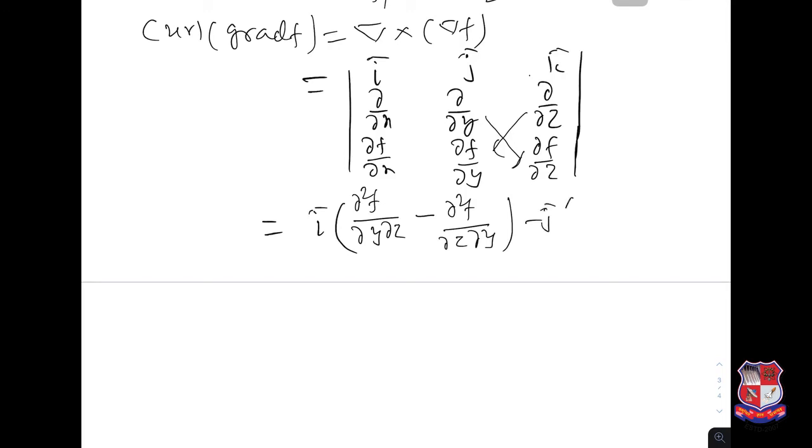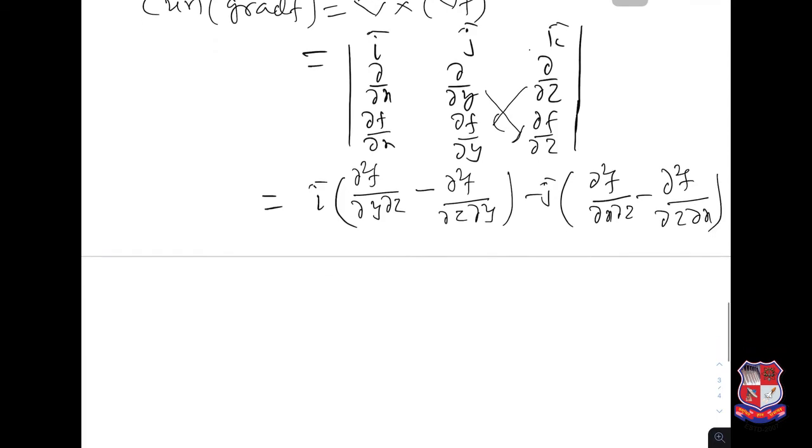Then minus j, del square f by del x del z minus del by del z of del f by del x, so del square f by del z del x, and plus k, del by del x of del f by del y, so that is del square f by del x del y minus del by del y of del f by del x, so del square f by del y del x.